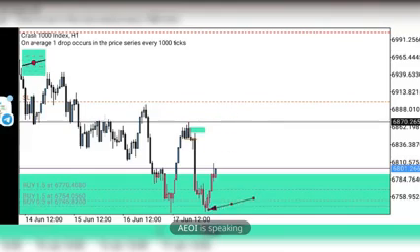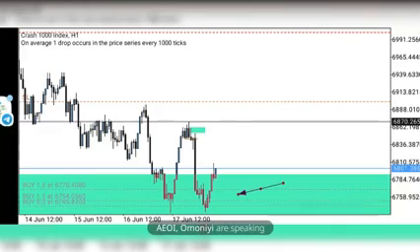And this is a higher low, because its low is higher than this, which is also a sign of a shift in the market. Is that clear now?